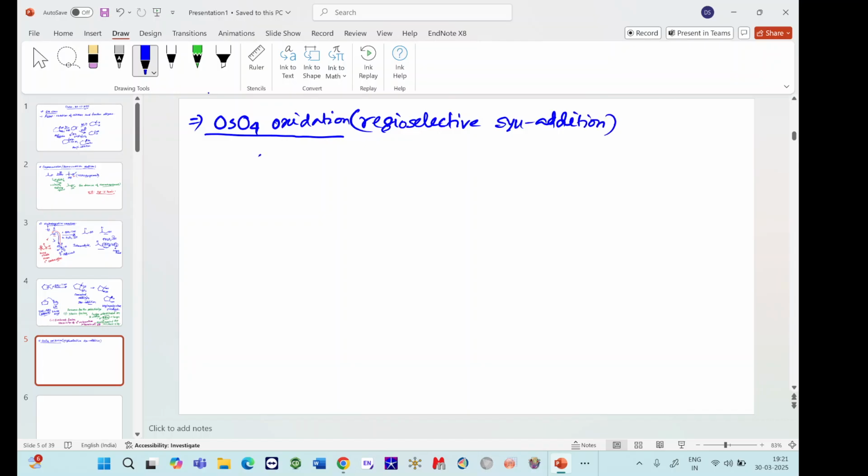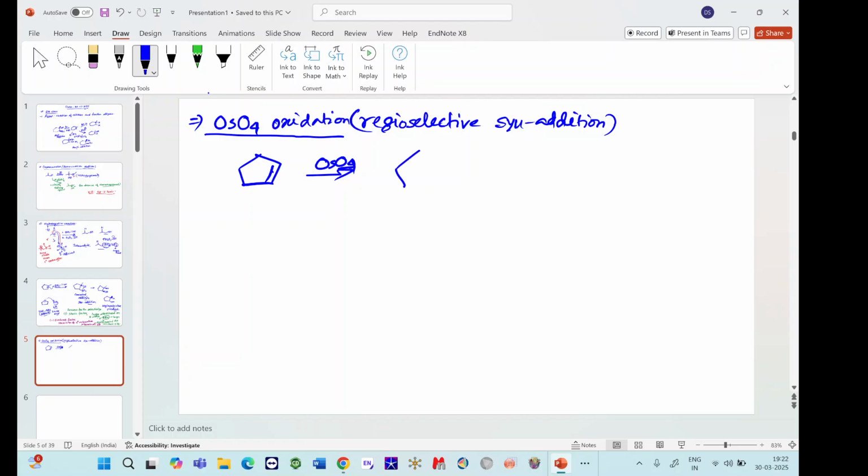Okay, so how the reaction goes, you have an alkene, you react it with osmium tetroxide. Okay, now if you see, this one can bind with two of the oxygen atoms from the tetroxide.